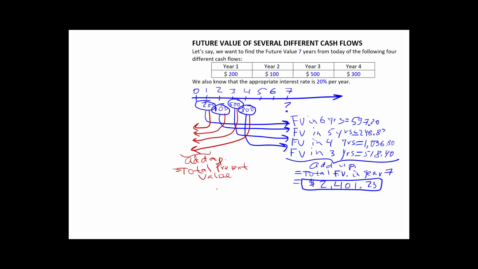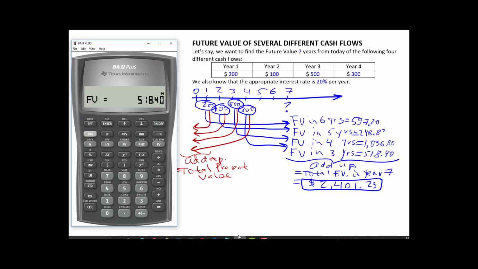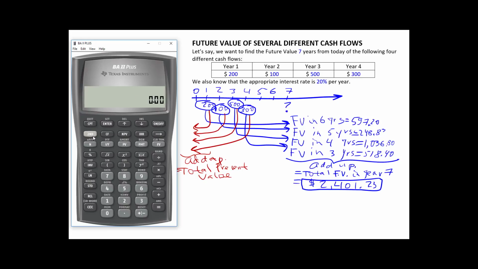How can we do this in the calculator? Let's bring it up. When we want to find the present value of multiple cash flows, the easiest way to do it is using what is called the cash flow keys. Press the button cash flow. Cash flow 0, we leave it at 0 because there's nothing going on in year 0.